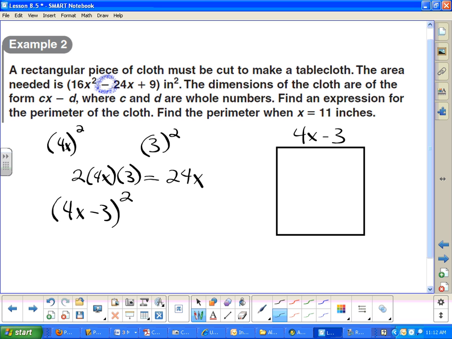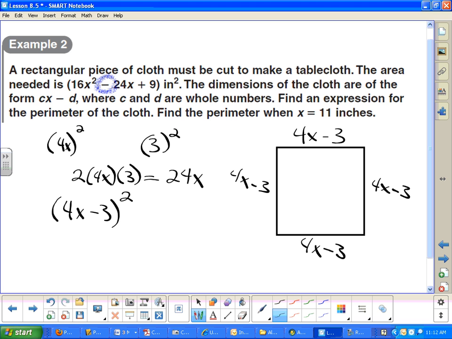Okay. Yep. All right. It's a square. And since it's squared, that means that all of these are 4x minus 3. So how do I find the perimeter then? Okay. I can add up 4x minus 3 for each side, or I can do what?